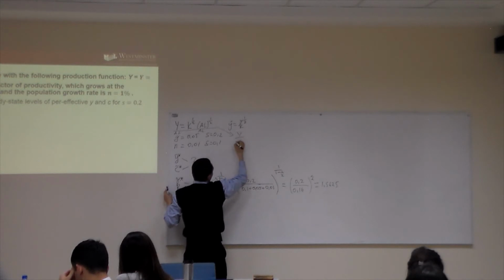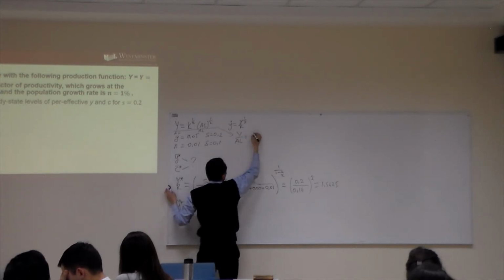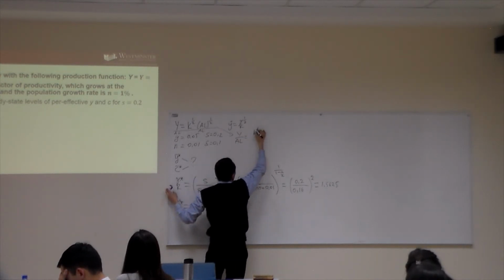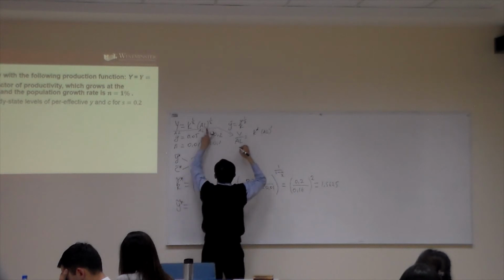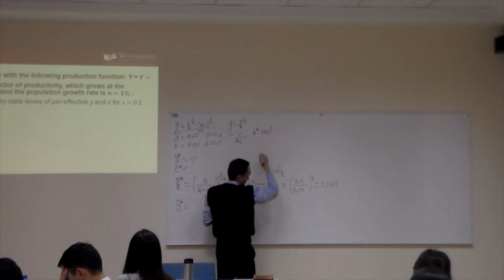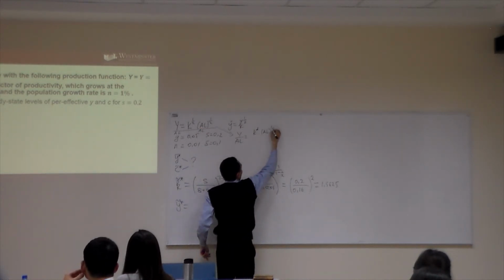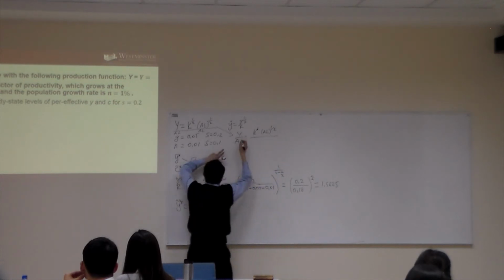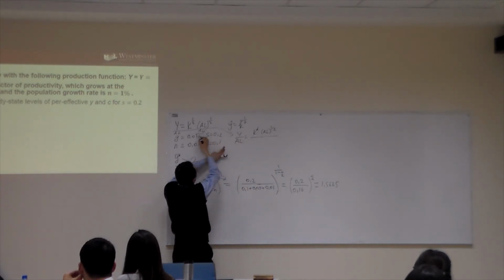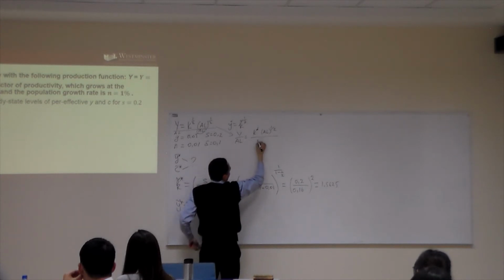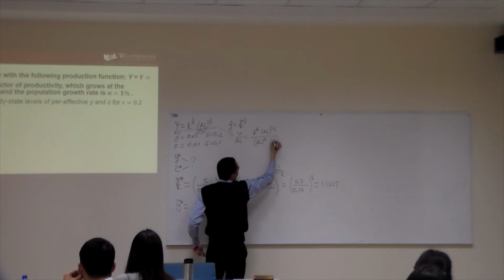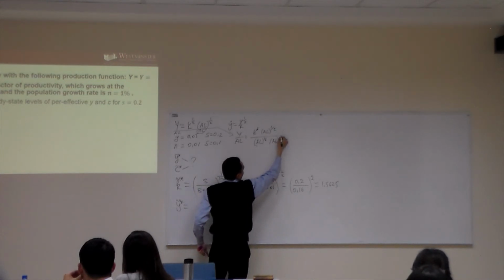So y over AL is equal to capital to the power of alpha times effective labor to the power of 1 over 2, over, and now I'm dividing by effective labor, or I can write this effective labor as effective labor to the power of 1 over 2 times effective labor to the power of 1 over 2.